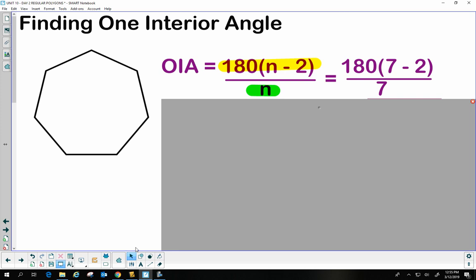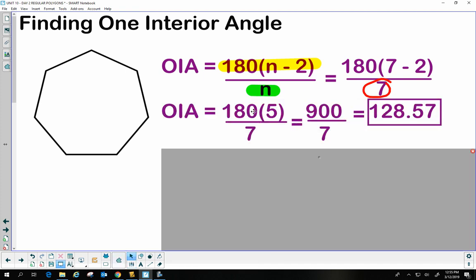So you have to be very careful here. You got to make sure that you're plugging in n twice. The common mistake is to divide by 2 here for some reason, and we're not dividing by 2, we're dividing by the number of sides. So here I have a heptagon. It has 7 sides, and so I plug 7 in twice, and I simplify. You might know from practice that there were 900 degrees in a heptagon, a 7-sided polygon.